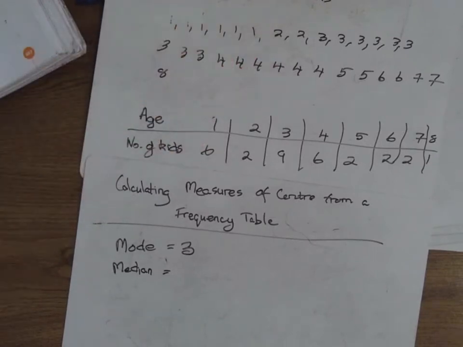So there's 30 people in the group. Which number is the middle number, approximately? About 15. It's actually 15 and a half, 15, 16, but that doesn't matter, 15 will do me. So if I lined up the children, youngest to oldest, number 15 would be the middle person, would you agree? So I want to know what age is the middle person.